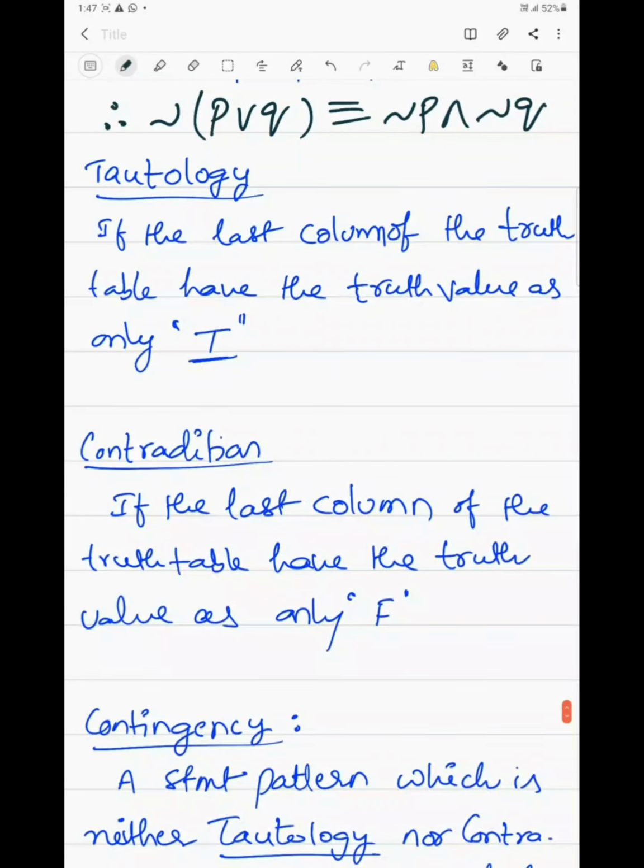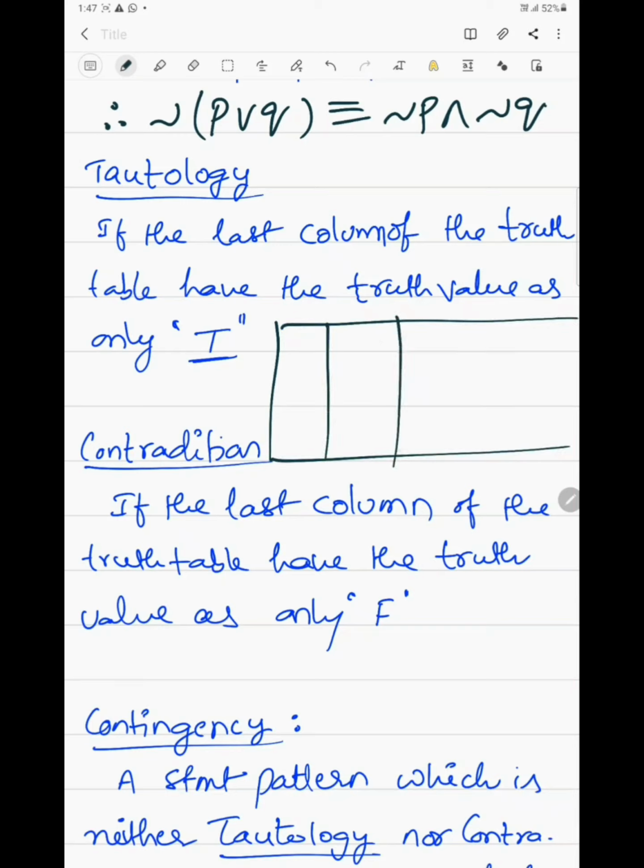Now, tautology. There are three types of statements again. What is tautology? What is contradiction? What is contingency? Tautology means if the last column of the truth table, which we are constructing by solving the sum, whatever statement patterns you get, suppose here some statements P, Q, R. So the last column has truth values as only T's.